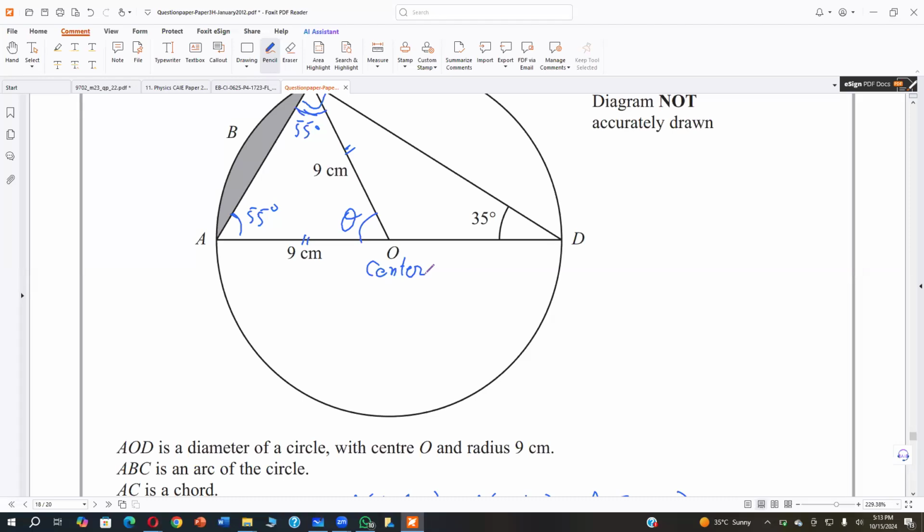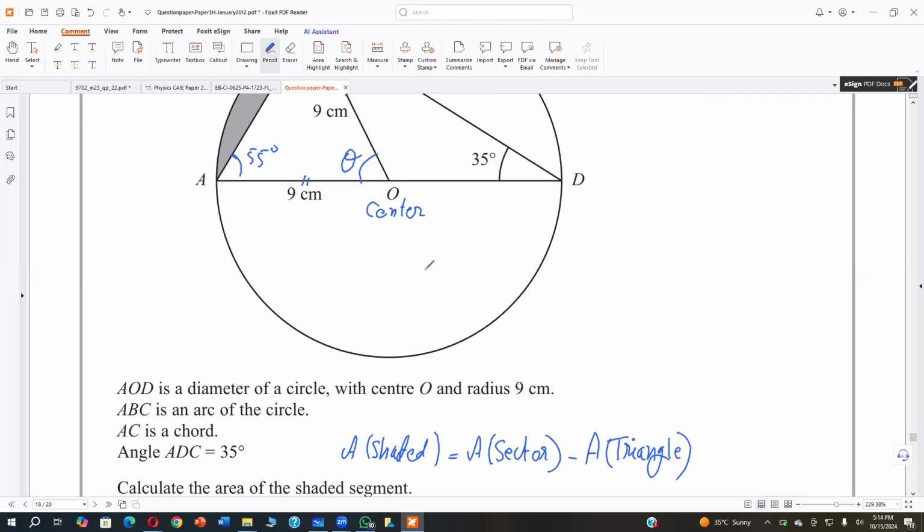Then the three angles sum to 180. How are you getting 70? I did 55 times 2, which is 110. Then I did 180 minus 110, which is 70. Right, sorry, got it.